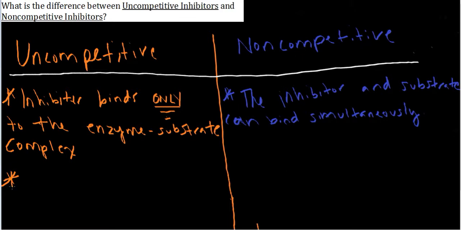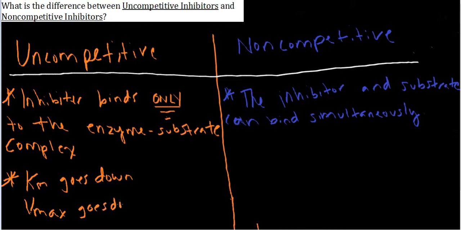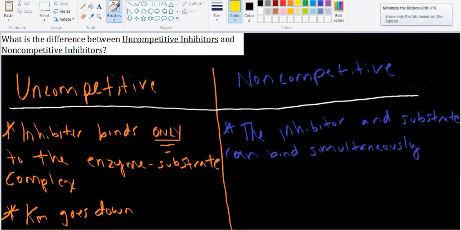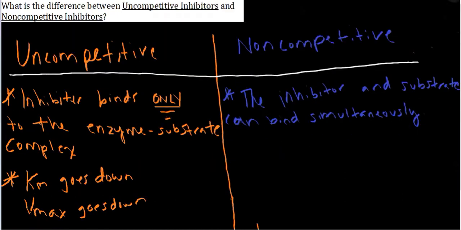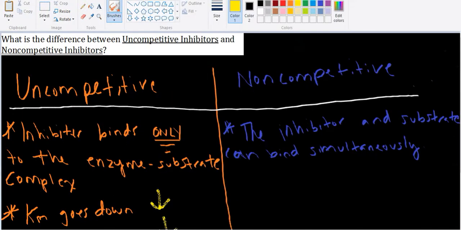So on a Michaelis-Menten plot, your Km for an uncompetitive inhibitor goes down, and your Vmax goes down also. So try to remember that. Your Km value goes down and your Vmax goes down as well when you're looking at Michaelis-Menten.